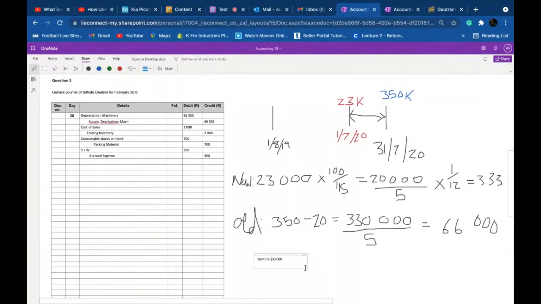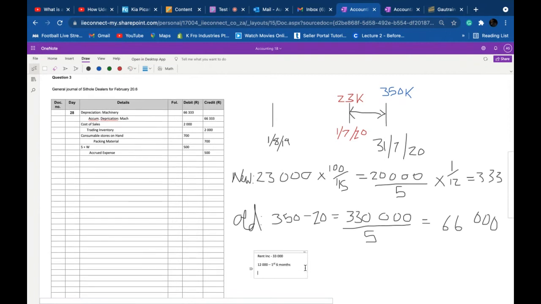Okay. But now they tell us that we were receiving 2,000, so 2,000 times 6 is going to give you 12,000 for the first 6 months. Second 6 months, it went up by 50%. So that's 2,500 times 6. So 2,500, you can even say this times 50% up, which is going to be another 6,000.